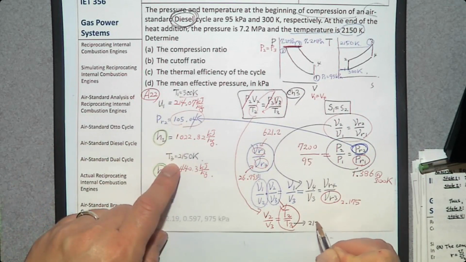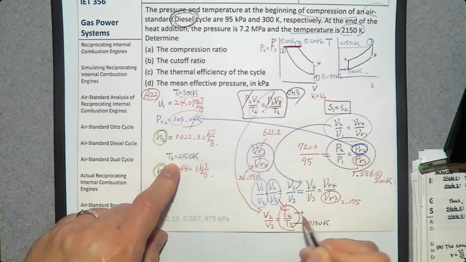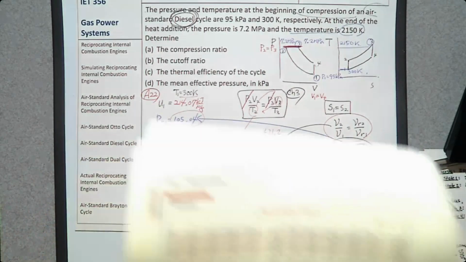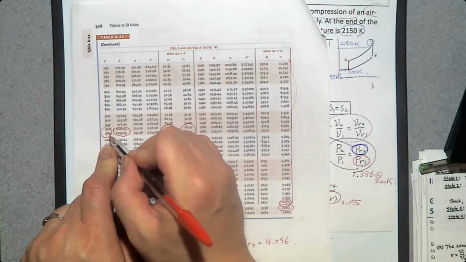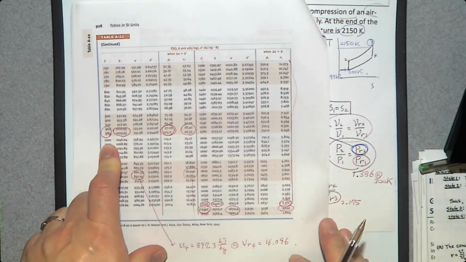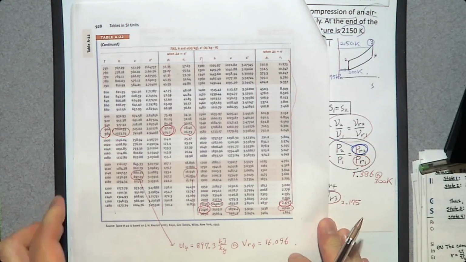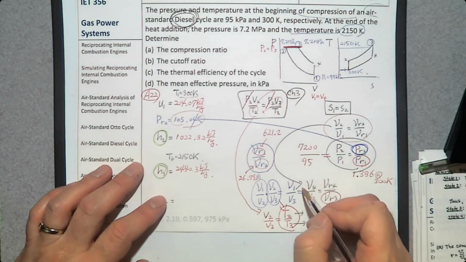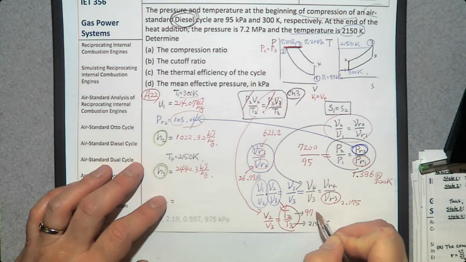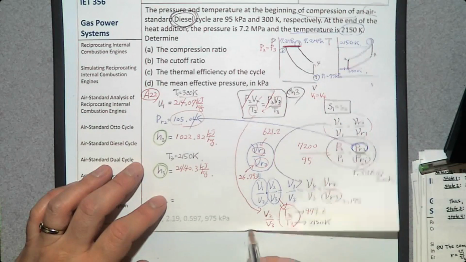Yes, 2150 Kelvin. Do we know T2? You can find it from another linear interpolation between 960 and 980. So there are three linear interpolations. That's not my fault. So the temperature is going to be 979.6.